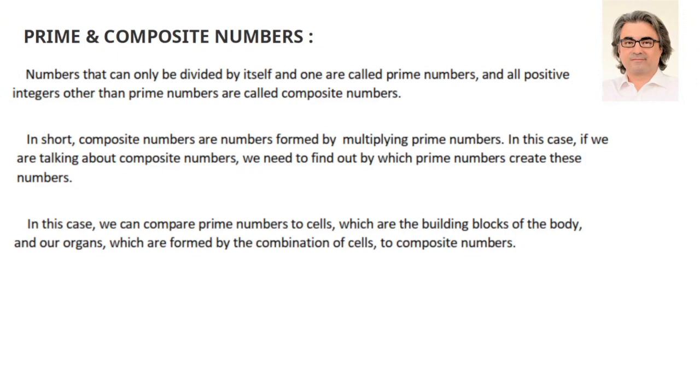Let's continue with the next page and continue to explain the meaning of prime and composite numbers. The process of finding out which prime numbers are composed of composite numbers is called prime factorization. This is another definition, and the subject prime factorization is very important for us.